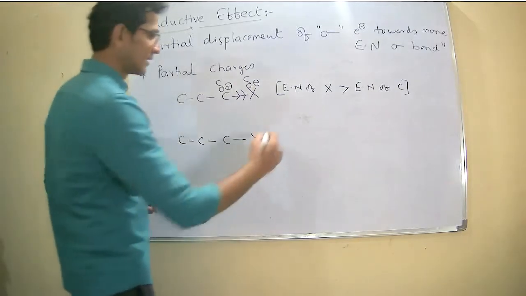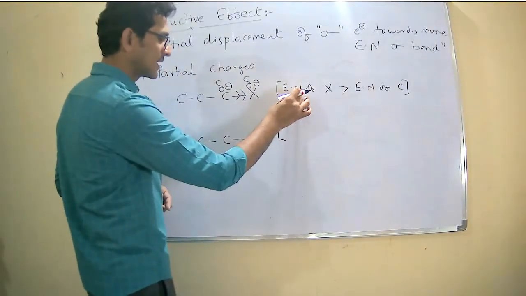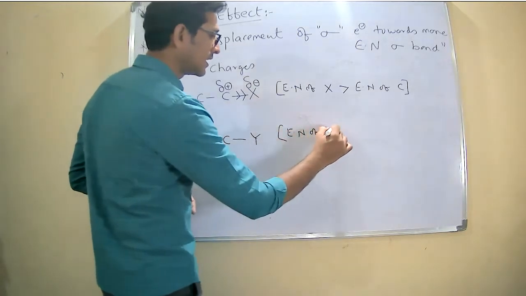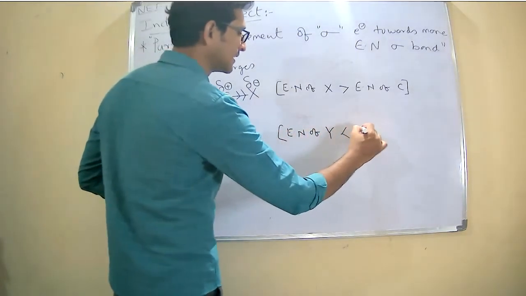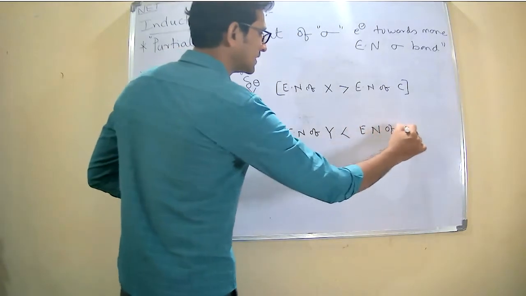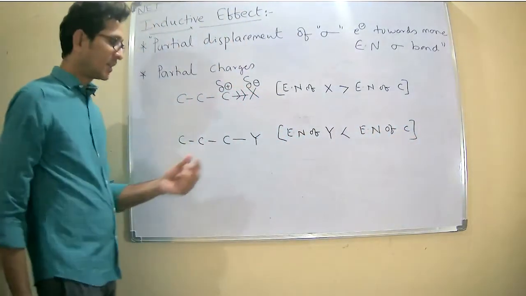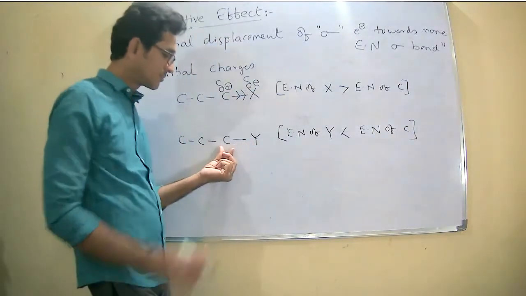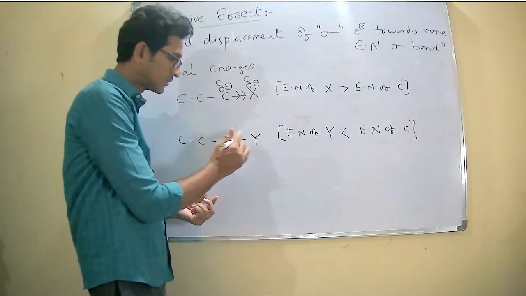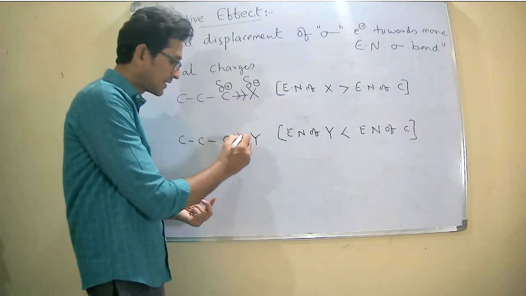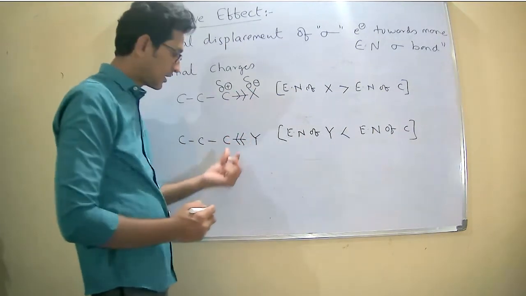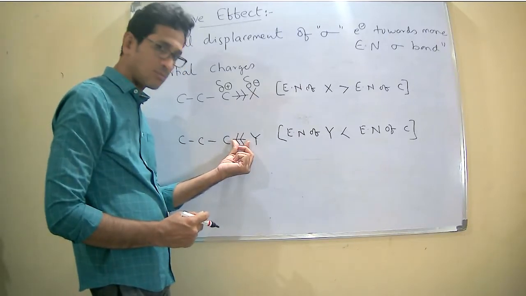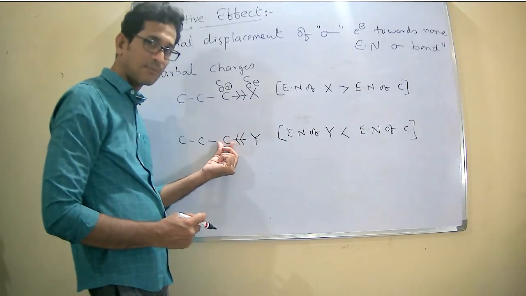Y. Here the case is reverse. The electronegativity of Y is less than the electronegativity of carbon. Here Y is less electronegative than carbon. Then what happens here? These sigma electrons are displacing or transferring towards the carbon.